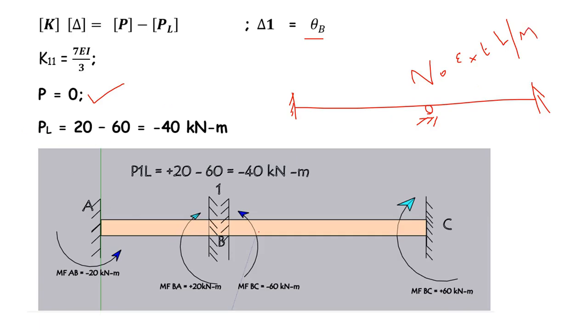Then PL. So here, if you want to calculate the PL due to restrained structure at this location, you can see that at this location you have plus 20, and here in the span BC you have minus 60. So you have to add all these things, and finally you will get minus 40 kilonewton meter. That is PL. So you know P equal to 0, PL equal to minus 40, delta equal to theta B, and K11 is 7EA by 3.